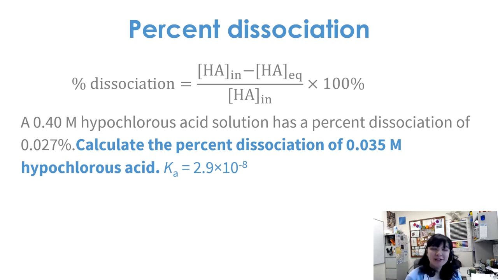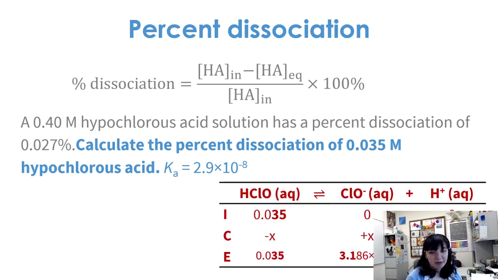All right, so working through things right here, I'm again going to set up an ice table, with my same equilibrium from before of HClO dissociating into its conjugate base and H+. I find through this ice table and through the equilibrium constant provided that the change x is going to be about 3.2 times 10 to the minus 5 molar.